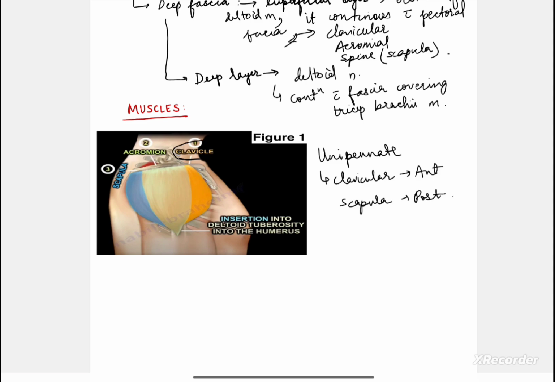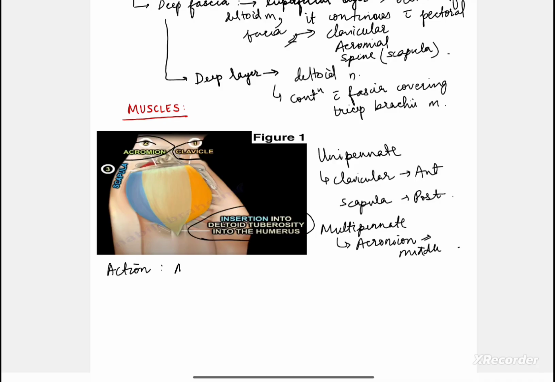And multipennate is the acromial part, which is in the middle. Now these unipennate and multipennate fibers all come and insert at the deltoid tuberosity of the humerus bone.